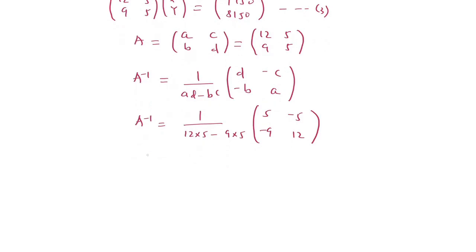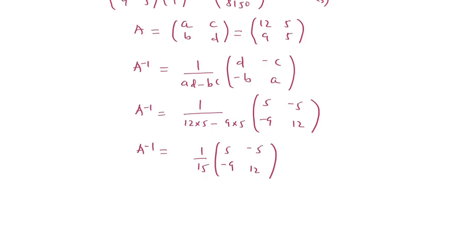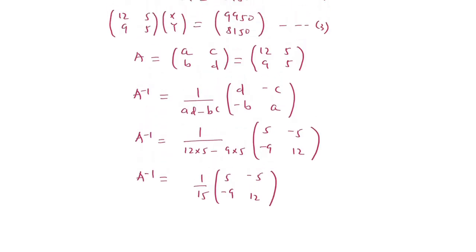Solving this, we are going to have matrix A inverse equals 1 over 15 times matrix [5, -9; -5, 12]. Next, let us multiply A inverse on both sides of equation number 3.